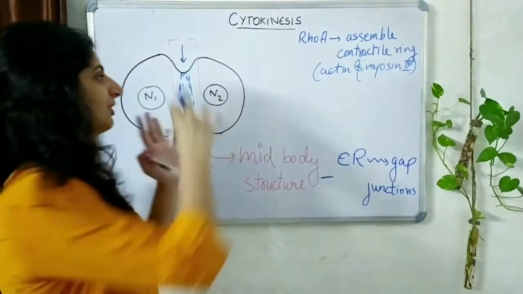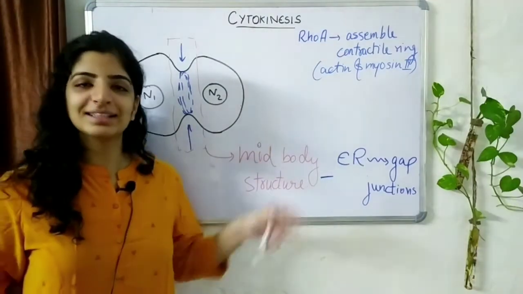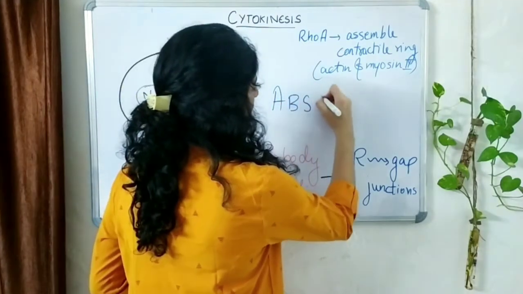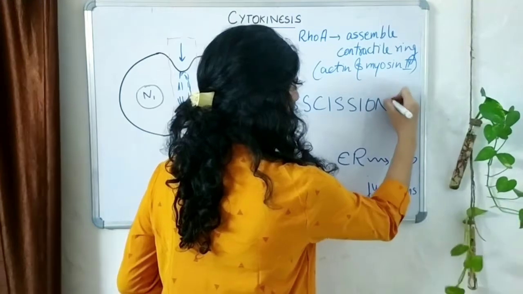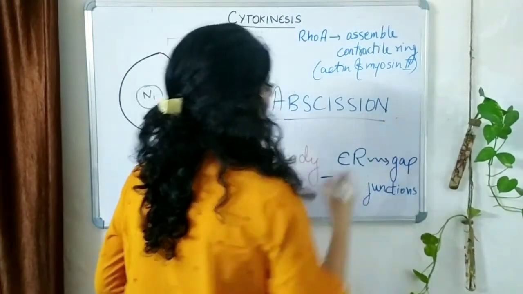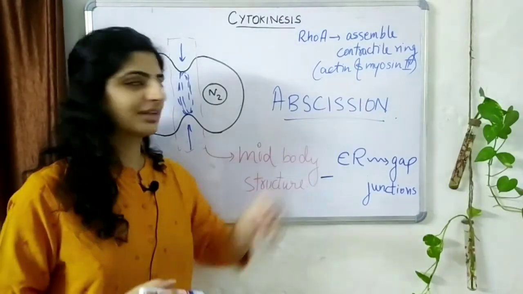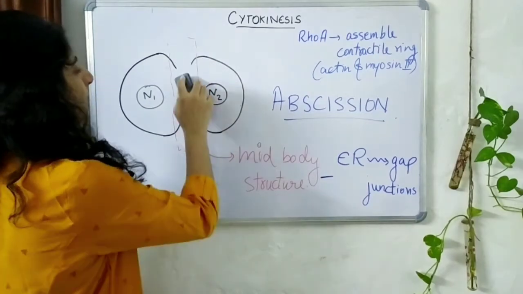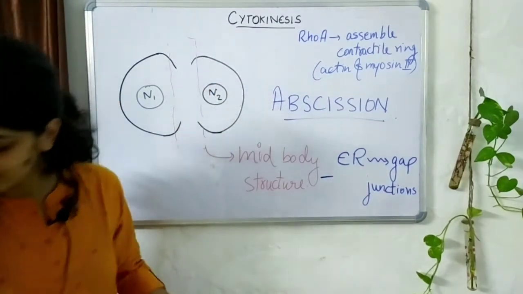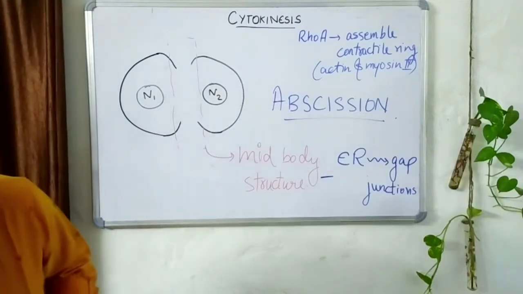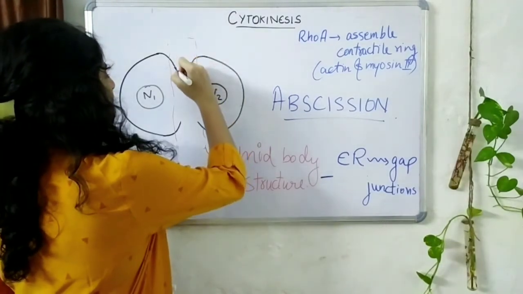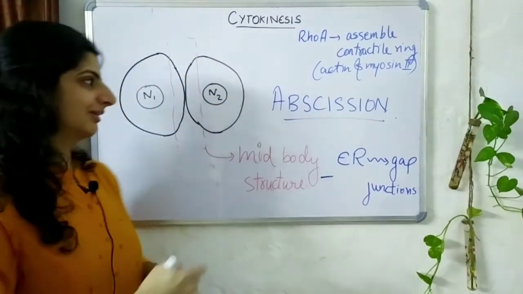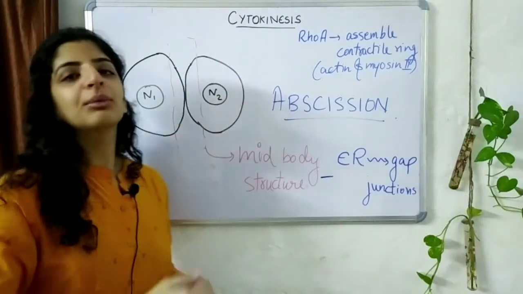Now this mid-body structure moves inwards, and as this contraction continues, a final step comes, which is known as abscission. This final step is where the contractile ring has now completely contracted and the two cells have pinched off from each other and divided to form two daughter cells, in this case with an equal amount of cytoplasm.